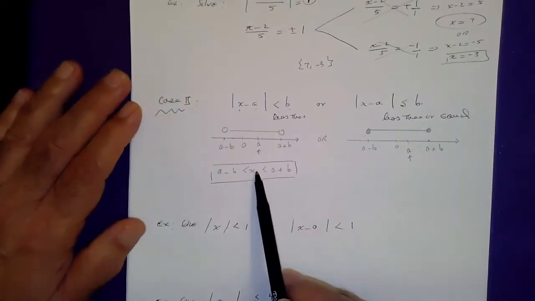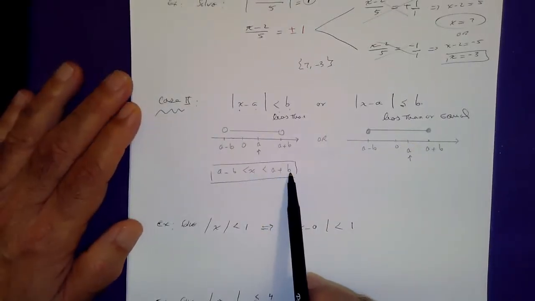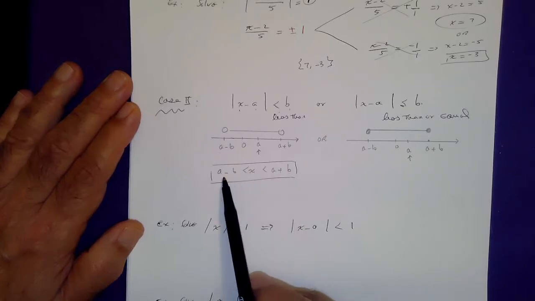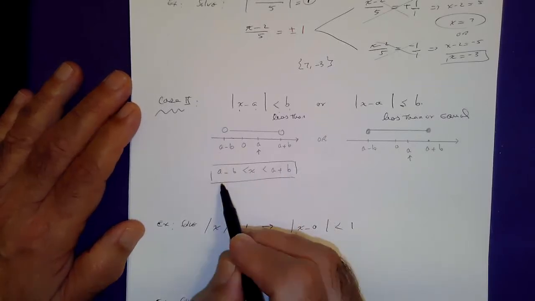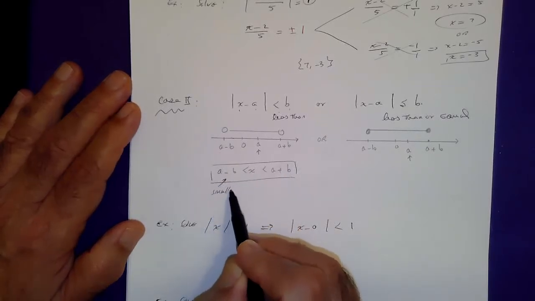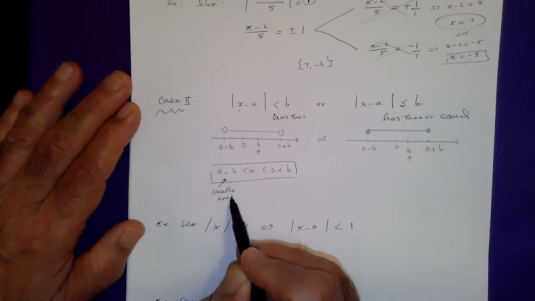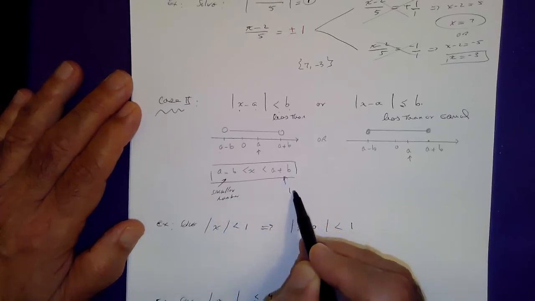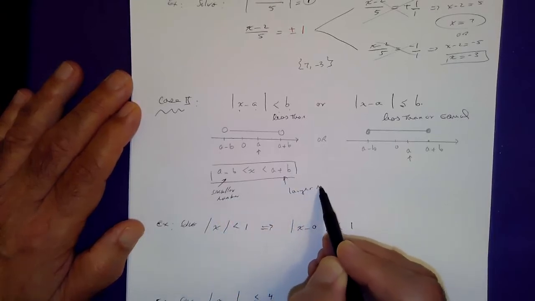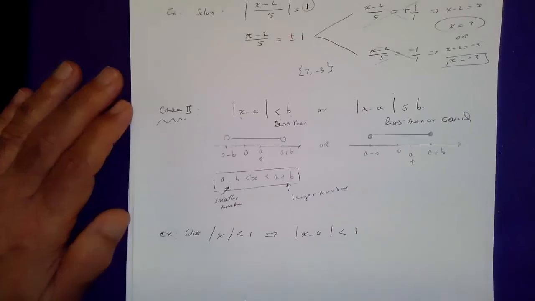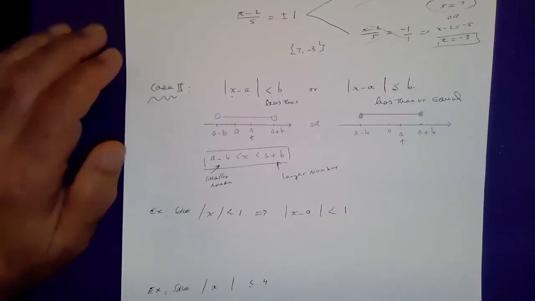In this case, x is less than a plus b, but greater than a minus b. Remember, this is the smaller number, which always goes to the left, and this is the larger number, which always goes to the right side of the inequality.